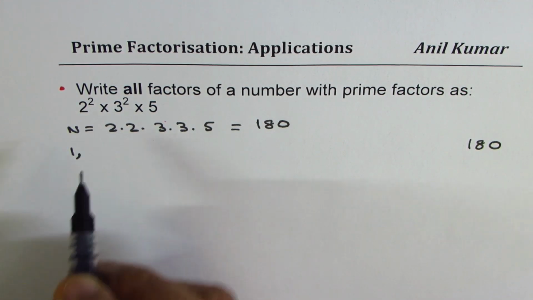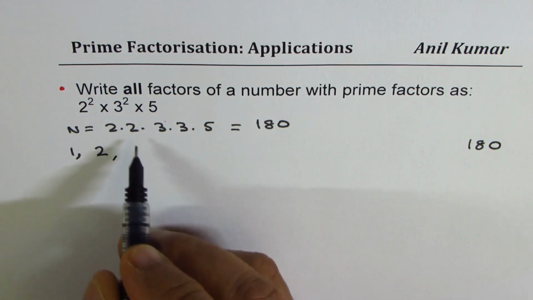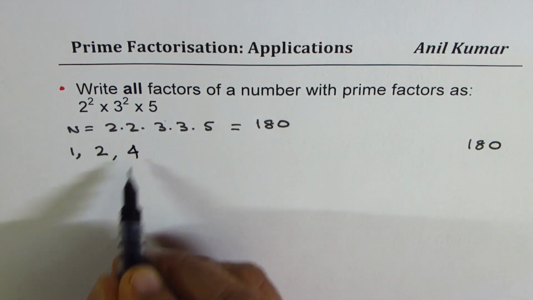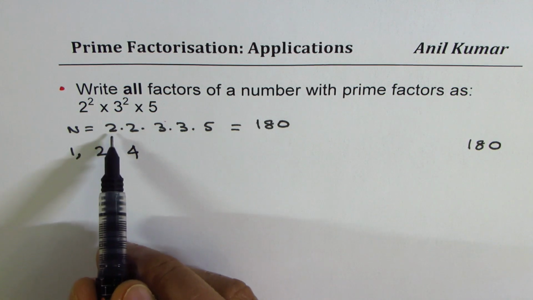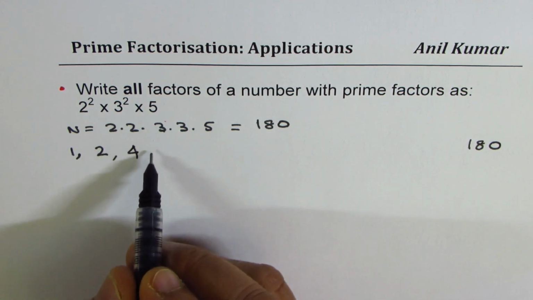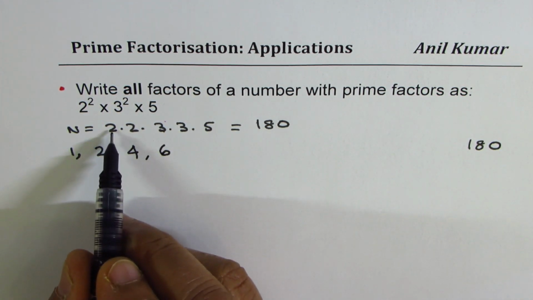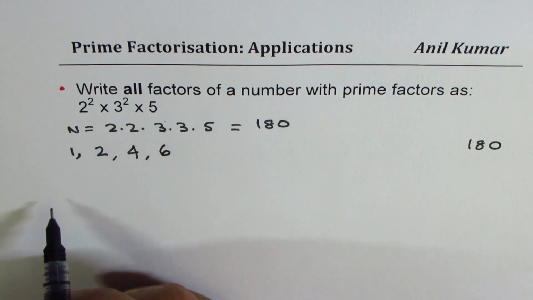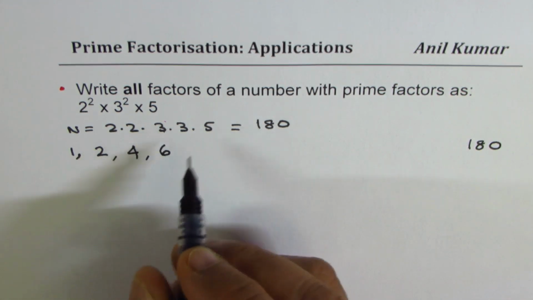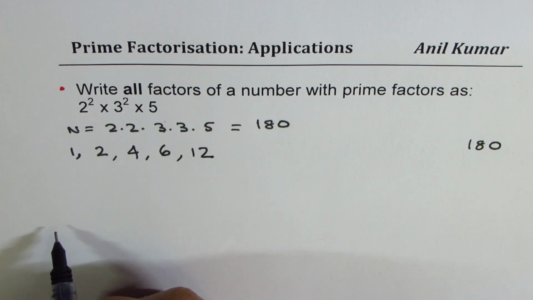Now I have an option. I can take 1, 2, so 2 is my factor. I can take 2 2's, so 2 times 2, 4 is my factor. Then I can multiply this 2 by 3, so that is to say 2 times 3, which is 6, is my factor. I can multiply these 2 2's with 3, so 4 times 3 is 12 as my factor, correct?